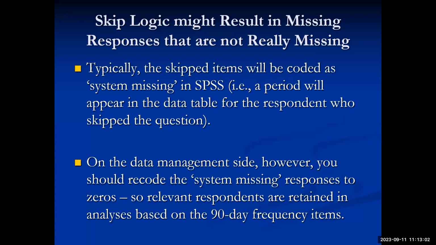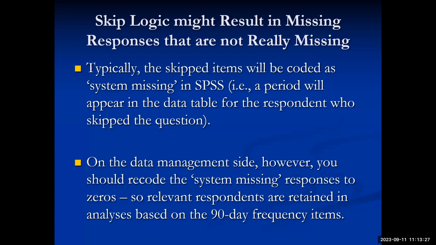There are essentially two ways to think of missing data in the SPSS environment. System missing comes from a situation like this where SPSS doesn't have an observation for the person in question, and so it will put a period in the data table in that relevant cell.